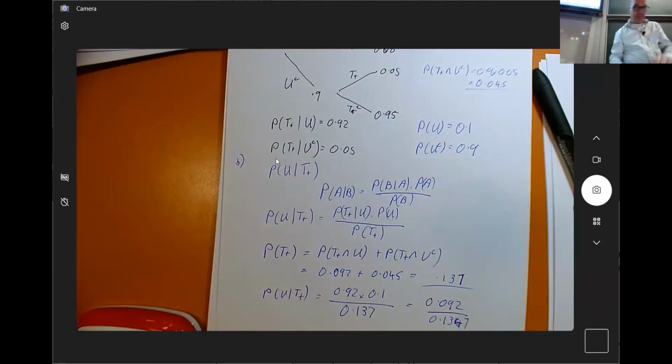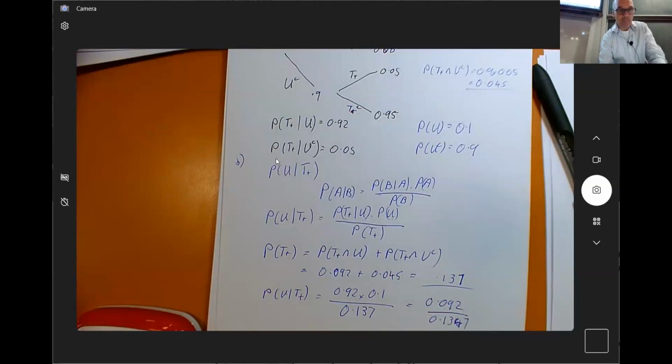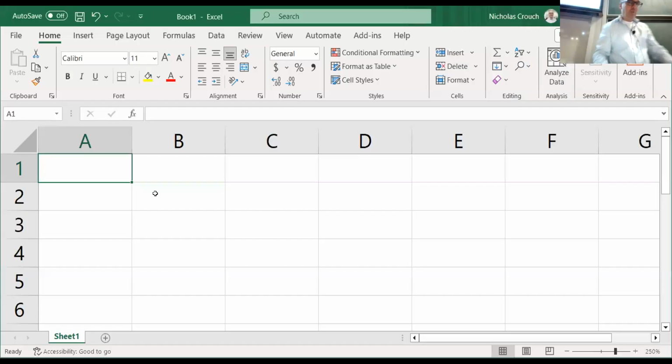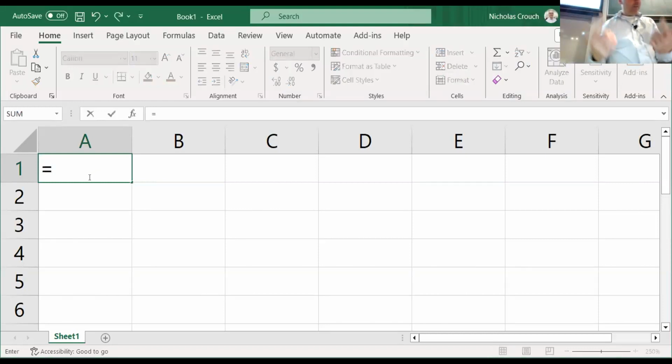All right, I'll show you what I'm doing with Excel here. To get it to do a calculation, I put an equal sign, 0.092 divided by 0.137.